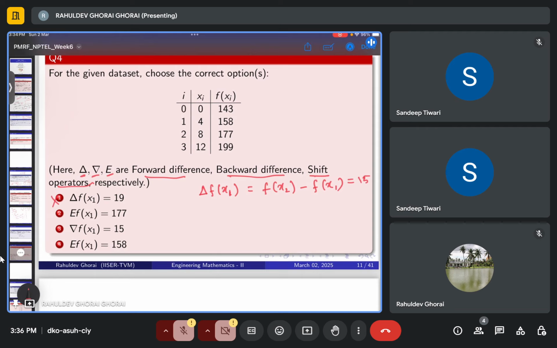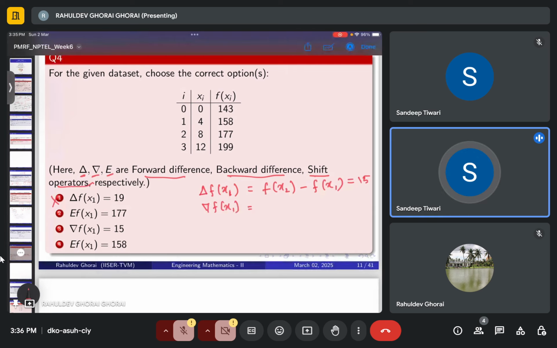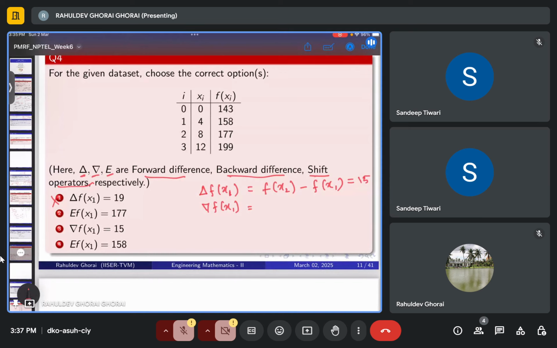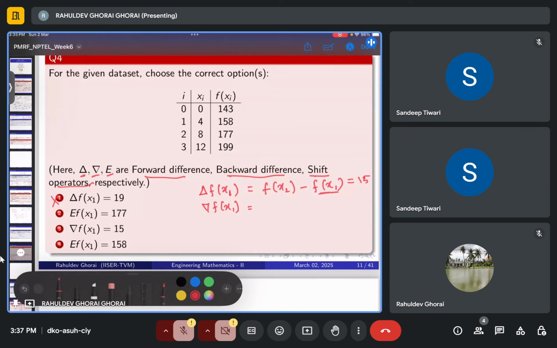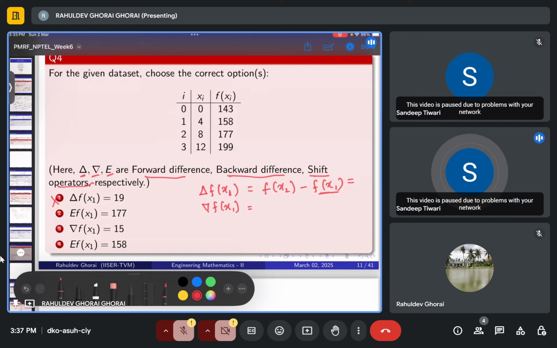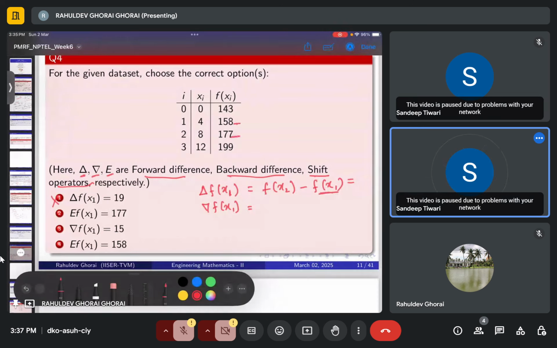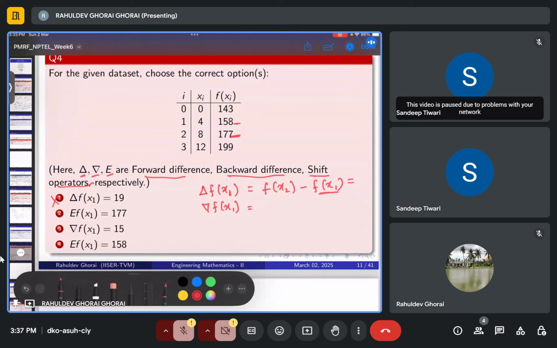So let's see this into f of x1. f of x plus h is f of x2. No, this is not 15, we are doing it incorrectly. This is f of x2, and this is f of x1.